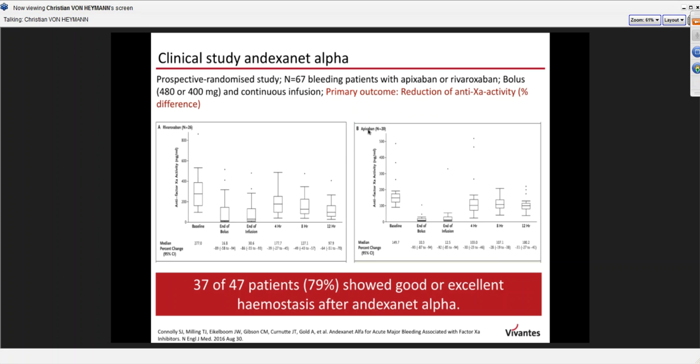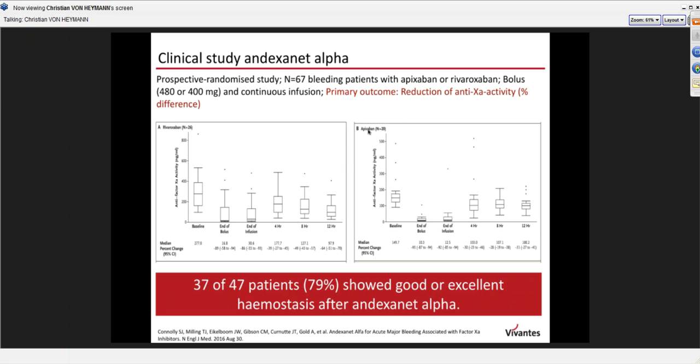Well, I'm very conservative with the use of factor 10A activities to calculate the risk of bleeding, because we know that, especially for rivaroxaban, patients in the approval studies who have bled had a wide variation of plasma levels of rivaroxaban.